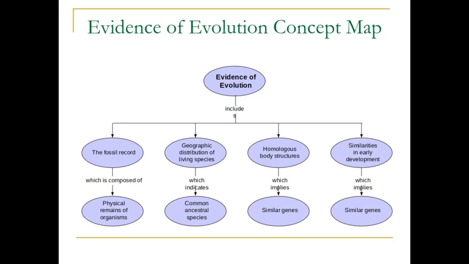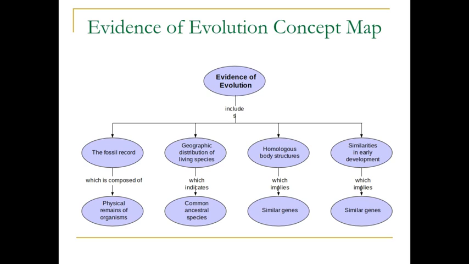In the fossil record, we can look at the physical remains of organisms, and we see that there is a gradual change over time. There's a geographic distribution of living species, which shows that there are common ancestral species that other, more modern varieties came from. There are homologous body structures, which implies that there are similar genes.